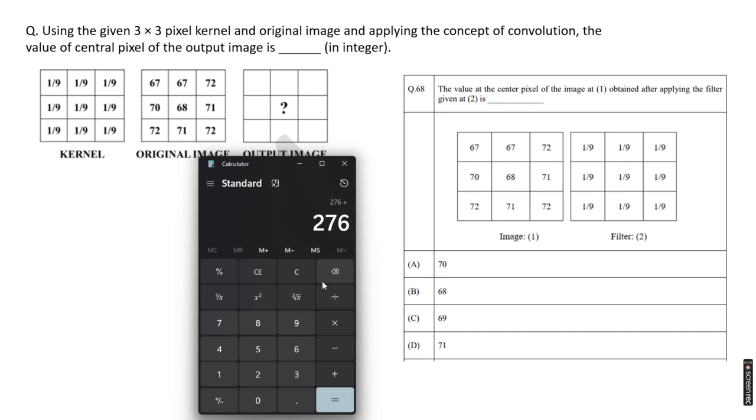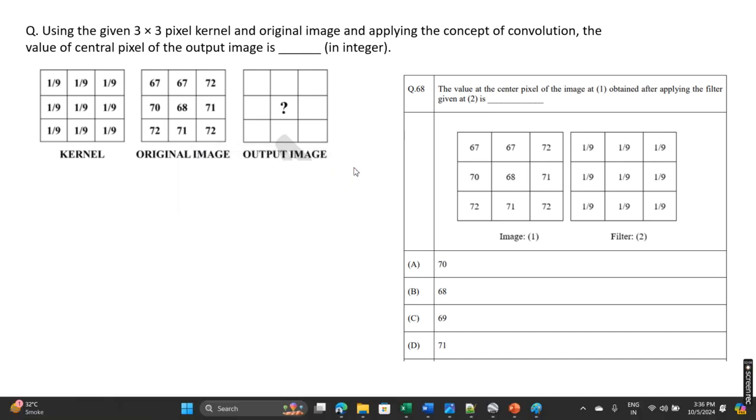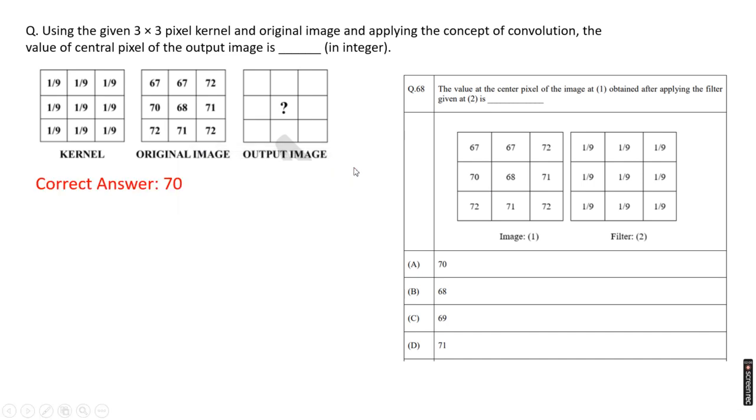Yeah, 70, correct. So you will get the first option. After that we'll get 68, 71, 72. So you will get option A, 70. So 67 plus 67 plus 72 plus 70 plus 68 plus 71 plus 72, 71 plus 72, divided by 9.